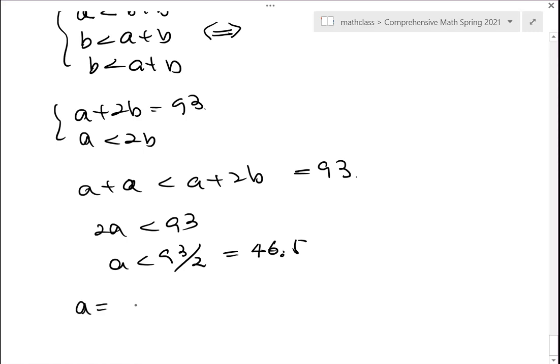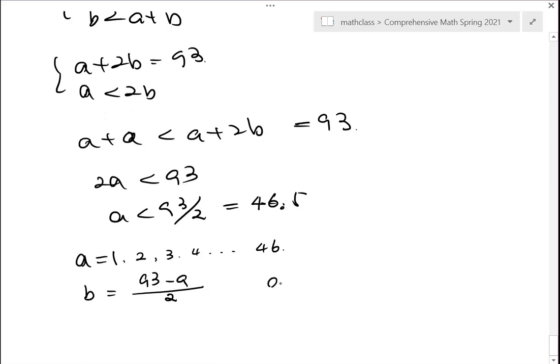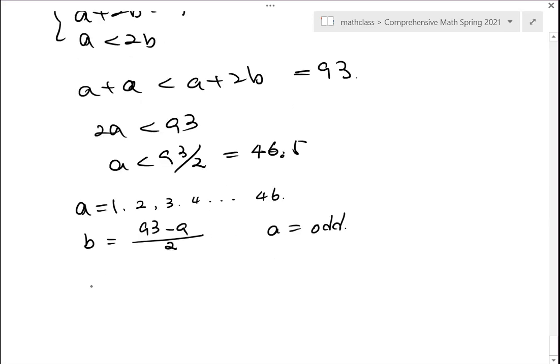So A could be 1, 2, 3, 4, all the way to 46. But the corresponding B is going to be 93 minus A, divided by 2. So clearly A must be odd numbers. Okay, so you list all of them: 1, 3, and 5, all the way to 45.